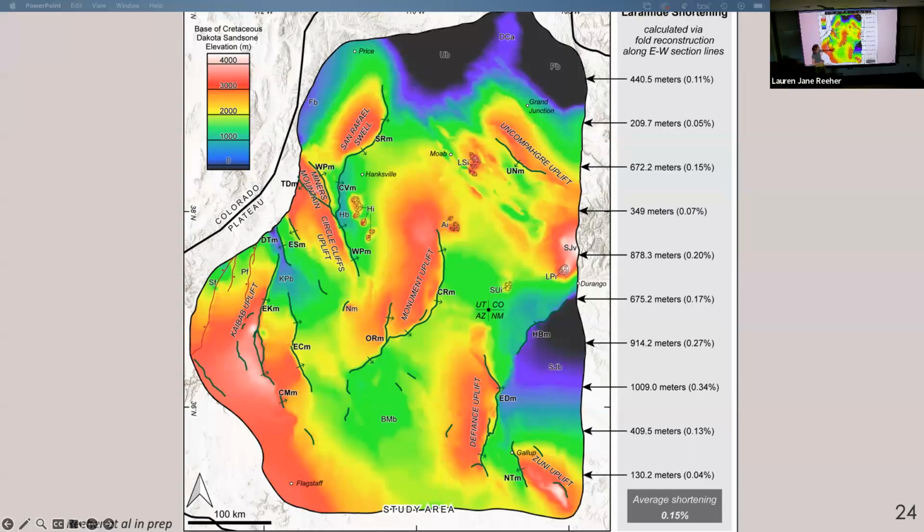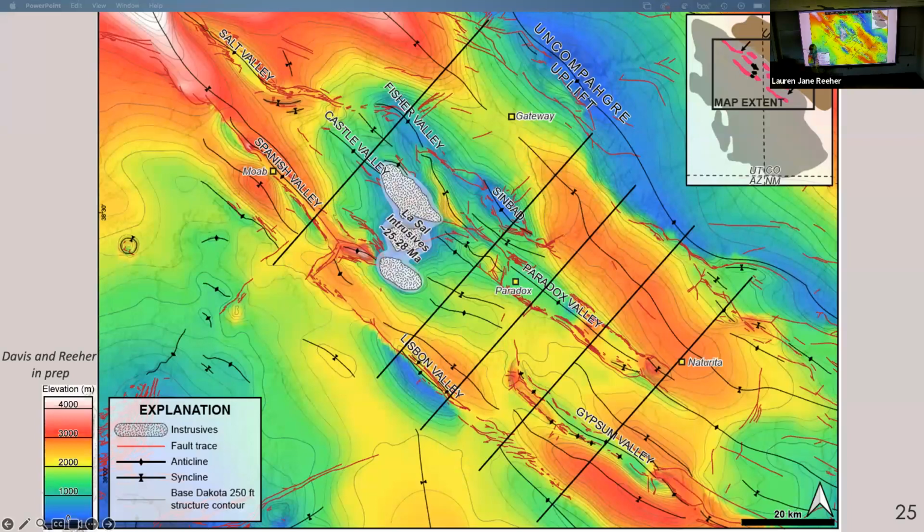So the deformation patterns that we see show what the Laramide did to that surface. It hasn't really been altered significantly since then, with the exception of the intrusive bodies. So you can see here that, again, you have these major Laramide uplifts, and then you just have these little folds in the Cretaceous that are running parallel to the Uncompahgre front.